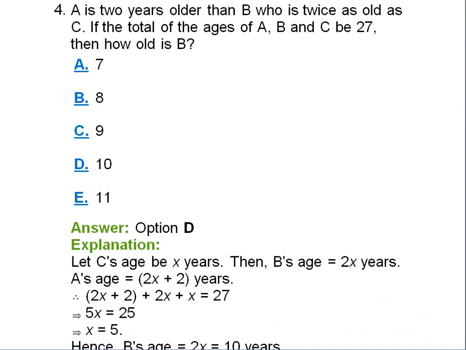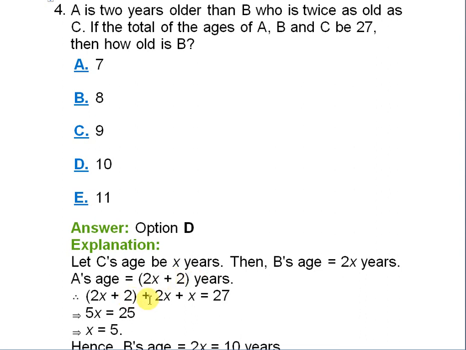A is 2 years older than B, who is twice as old as C. If the total of the ages of A, B and C is 27, then how old is B? So you will simply consider C's age as x years. B's age will be 2x years because B is twice as old as C, and A is 2 years older, so it will be 2x plus 2.